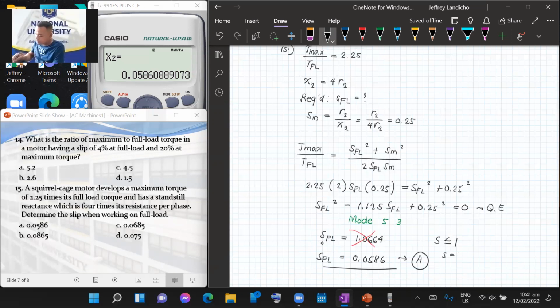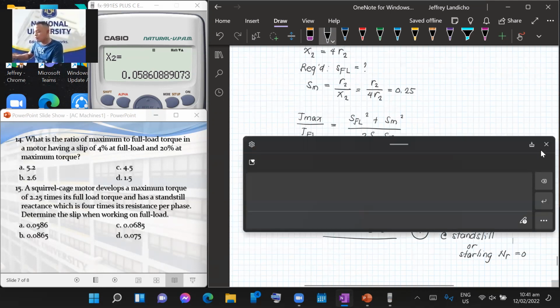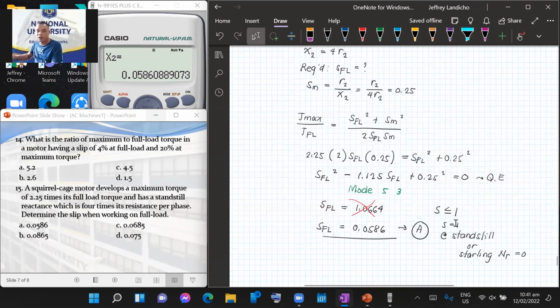Kailan siya slip is only 1, that is only at standstill. At standstill o yung tinatawag natin starting. Kasi at starting, the rotor speed is what? 0. Yan ang maximum value ng ating slip, which is only 1.